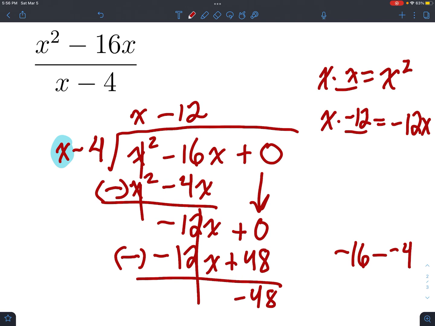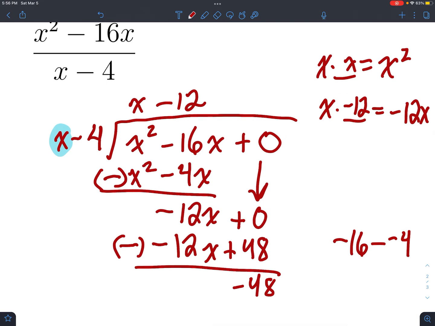First part always cancels, you see, if we answer the question right. So the answer is remainder negative 48. But I don't want you to write that because it's just not informative. So what you do instead is if you have a number left, you do plus, and then you put that answer you got, and you divide it by what you're dividing by. You could also refer to this as the remainder. Okay, so this is the answer.